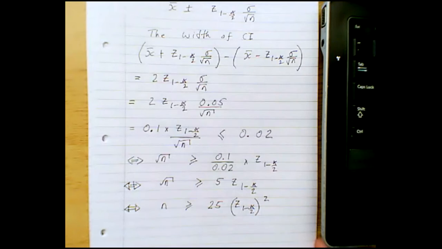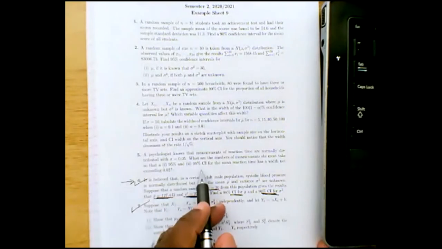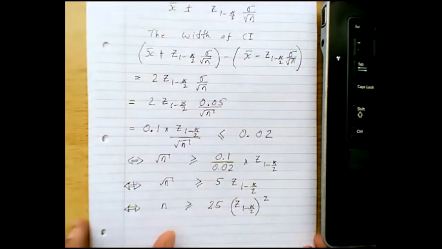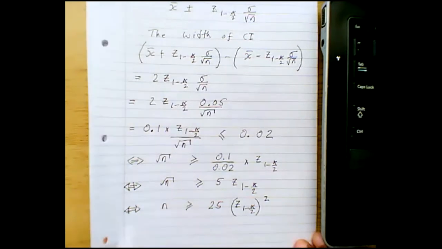All right, now we need to consider the two parts. You should go back to the question. It's asking you to find the 95% and the 99%. So for the first part, let me do it on a fresh page.